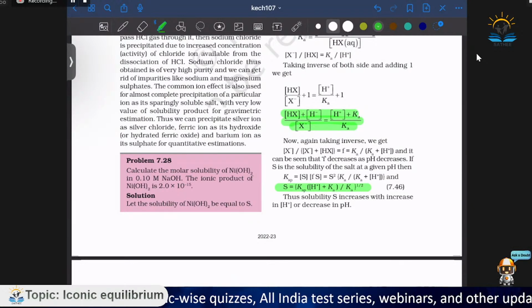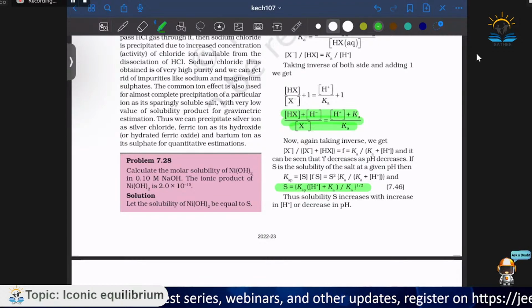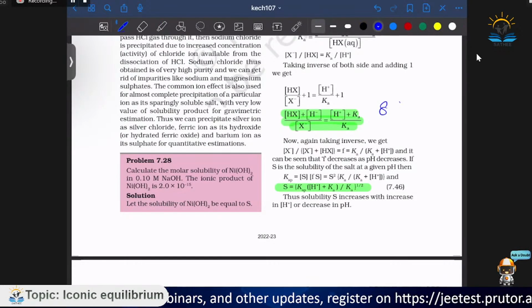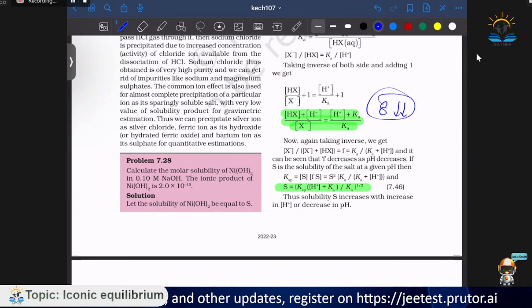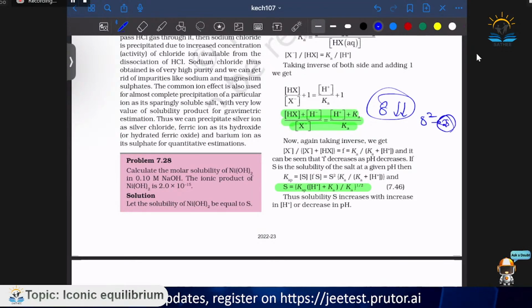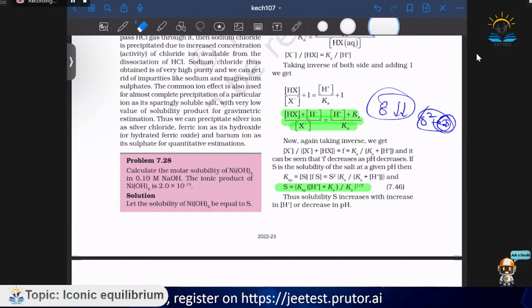Otherwise you cannot find it out, it is going to be too complex. And because solubility is really low, you can just assume S square as 2s.